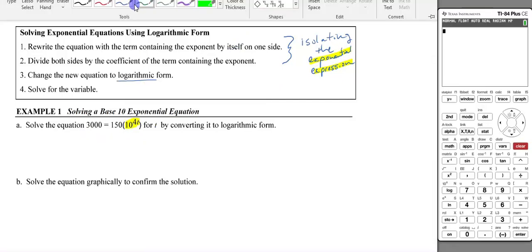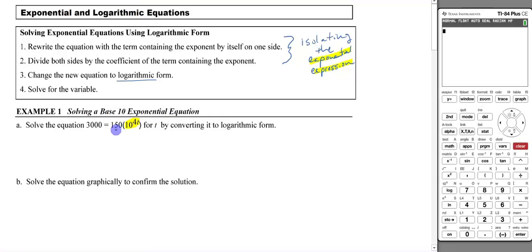The 150 out front is a coefficient. It's not a part of the exponential expression. So the first thing that we'll do is divide by 150. So we get 20 equals 10 to the 4t.